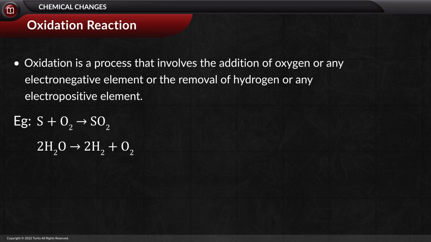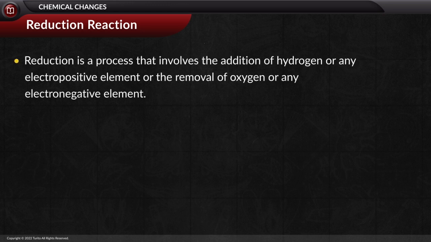At this point, as we have studied the oxidation reaction, we need to see the opposite one as well, which is the reduction reaction. According to the classical or earlier concept, reduction is a process that involves the addition of hydrogen or any electropositive element, or the removal of oxygen or any electronegative element.